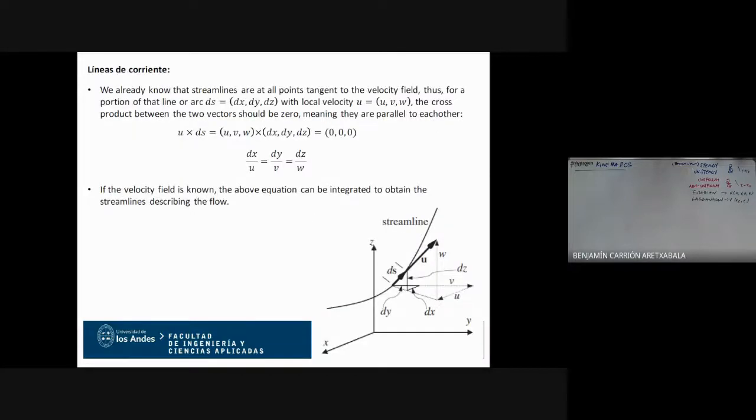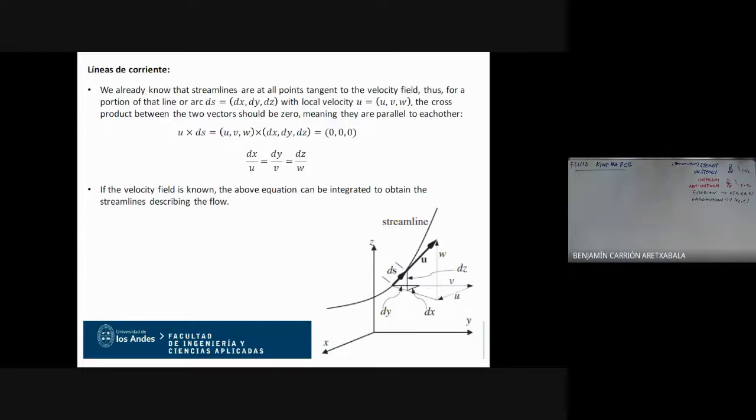Now, formally, this means that if you take a small infinitesimal unit of this geometric line that forms the streamline and express it as a vector pointing in the direction of the streamline, that vector and the velocity field have to be parallel, and that means the cross product has to be zero, right?